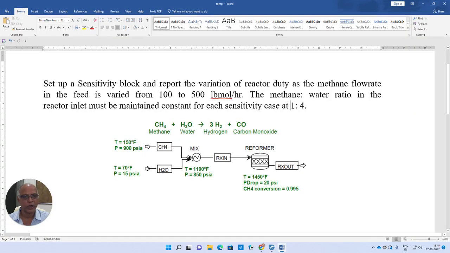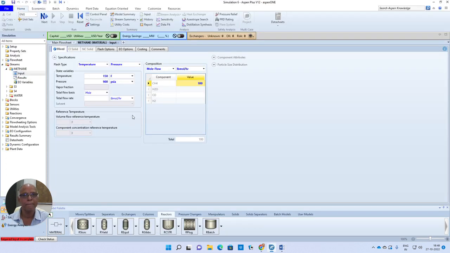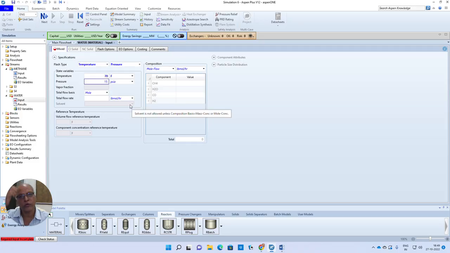And water is entering at 70 degrees Fahrenheit and 15 psi. Corresponding to the CH4 flow rate, which is taken as 100, we know that it should be 400, or even if you change it to some other value, it doesn't matter. So many lb moles per hour. Next.